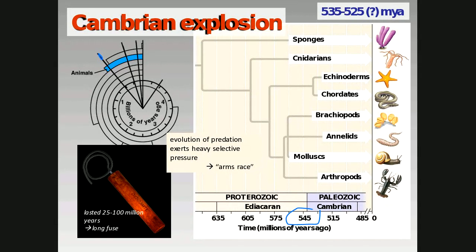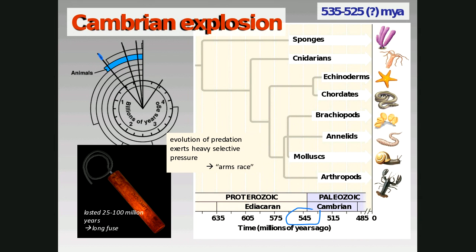Still pretty fast to go from basically a few handfuls of some simple critters to basically all of the modern critters, not the species, but the groups, okay, like the chordates and the echinoderms and the annelids, and we'll talk about what all those groups are as the semester goes on. So I'm not saying every species arose back then, but all these major groups arose.